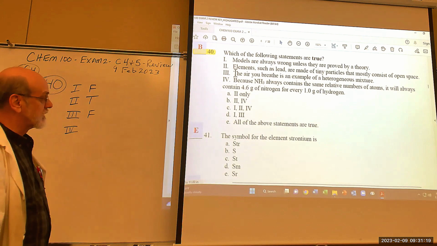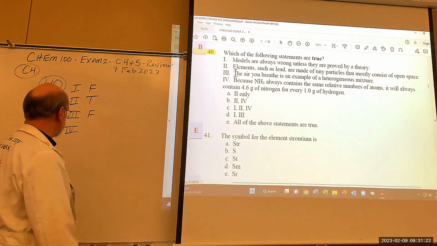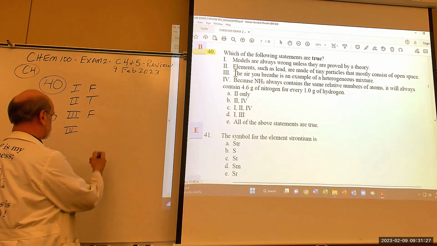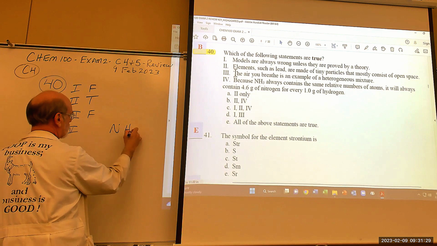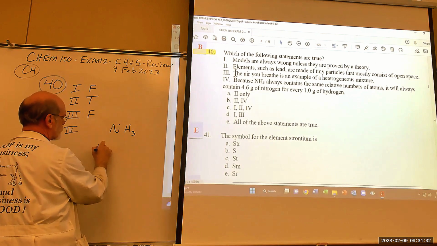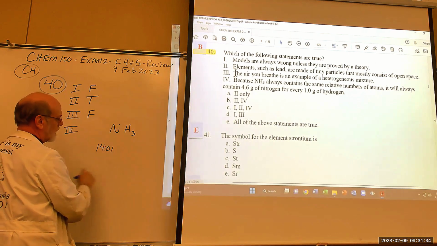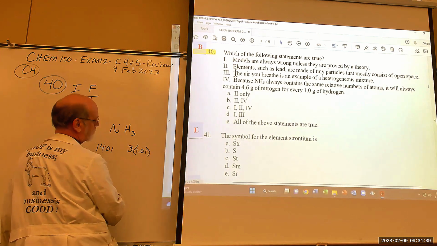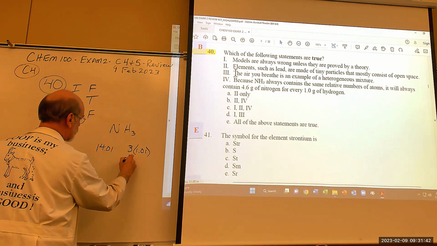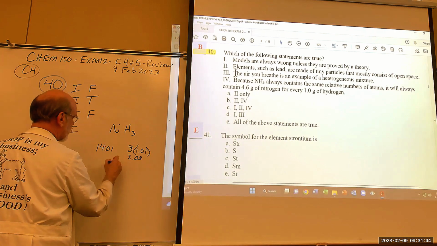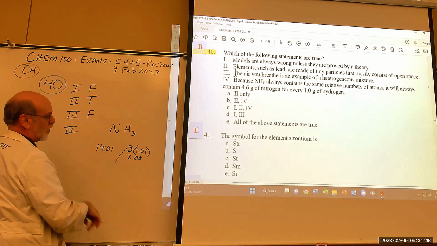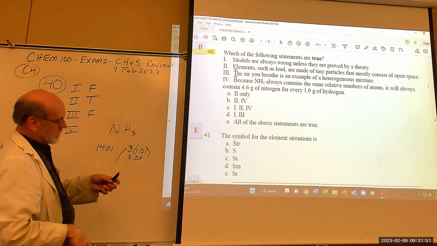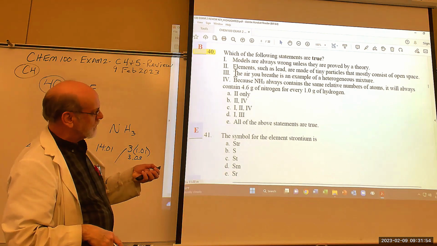So let's see if that's correct. So the ratio then would be, what's the atomic weight of nitrogen? Well, if we got this compound, the atomic weight of nitrogen is 14.01, and we have hydrogen, but there are three of them, 1.01. Okay, so this is 3.03 is ratioed to 14.01. All right, so look at this. They're saying 1 gram of hydrogen.